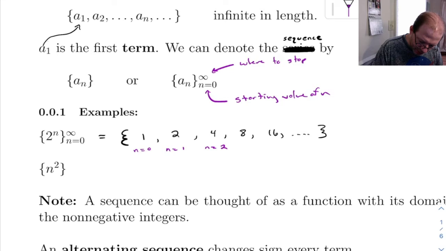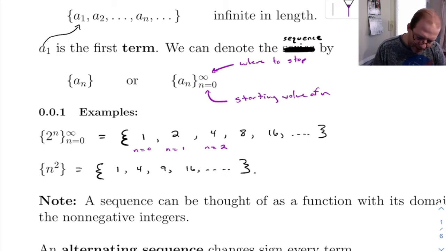All right, this next one down here, it doesn't tell us where to start or stop, but we know that it means infinity. Yeah, it goes forever. And for a starting point, we could pick 0 or 1. So 1 squared, 2 squared, 3 squared, 4 squared, etc. Now, it's a bit ambiguous, because do we start at 0 or 1?